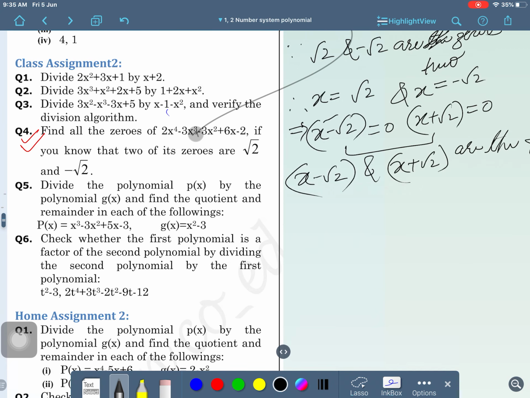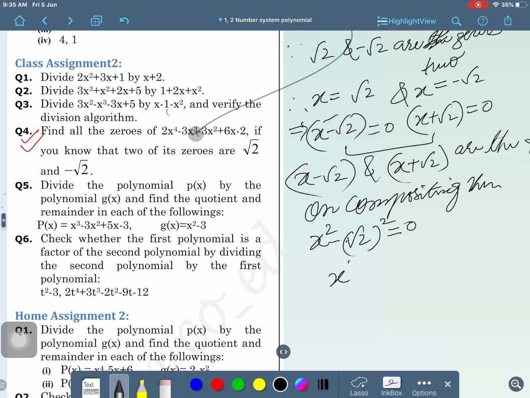Okay. And if they are factors, then on compositing them, multiply them please. X square minus root 2 square, what does this mean? X square minus 2, okay, is equal to 0. So, what will I say here?